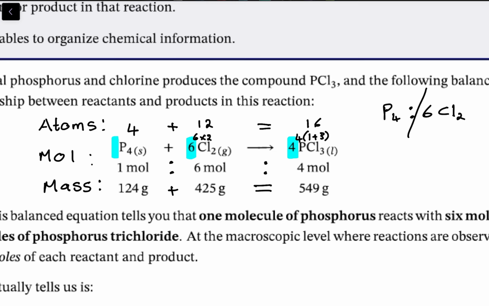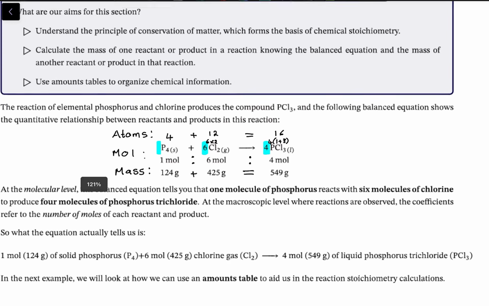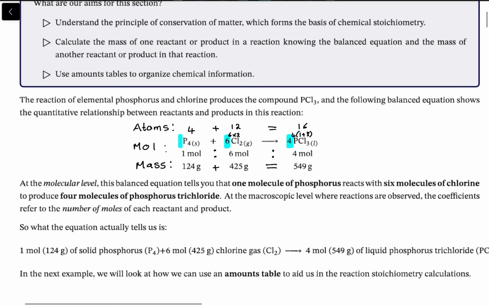You will later see how that links back to dimensional analysis. It's useful to think of it as such, because it gives us a ratio to work with. It's 1 to 6, 6 to 4, 1 to 4. So your chemical equation in terms of number of moles is a ratio. That's a very important concept. Okay, right, so let's look at an example.